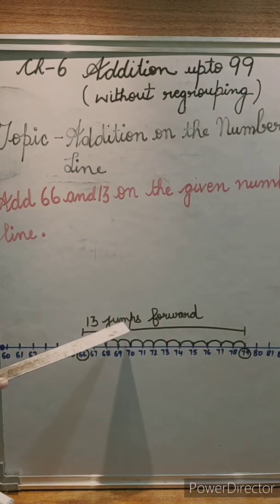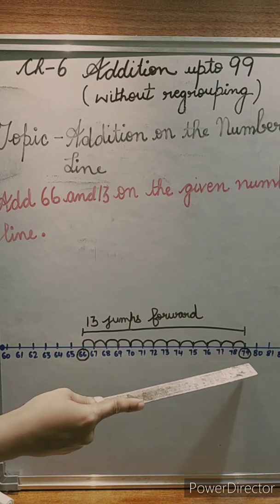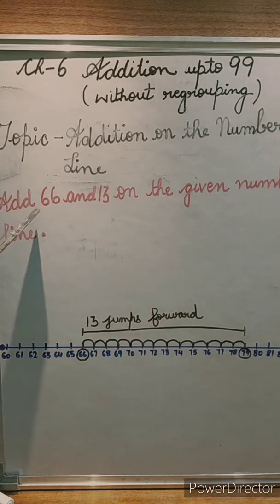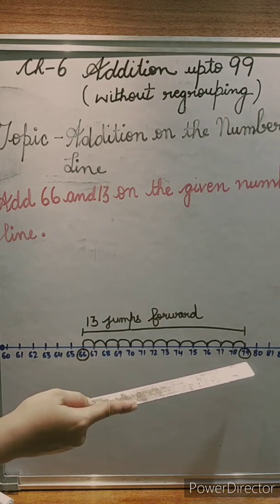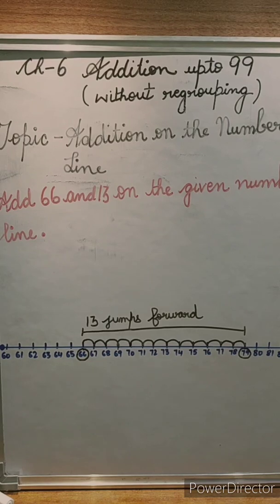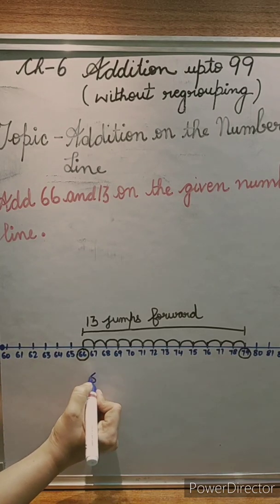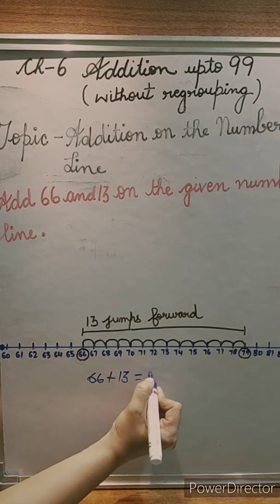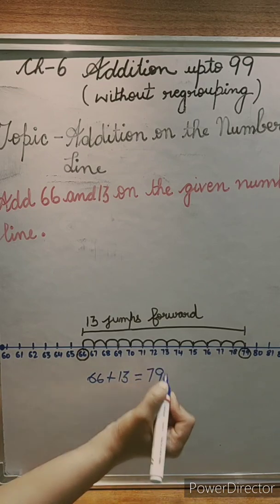We have to take 13 jumps forward and we landed on number 79. So 66 plus 13, we have landed on which number? That is 79. Thus, we can say that 66 plus 13 is equal to 79.